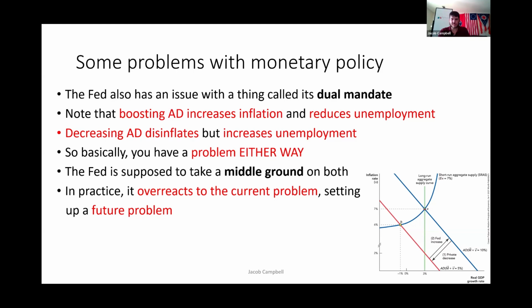But this is what it does. So remember that I said they're independent. But the problem is they are still appointed by the president. And there's still a great deal of social pressure, of political pressure to do what the president wants.